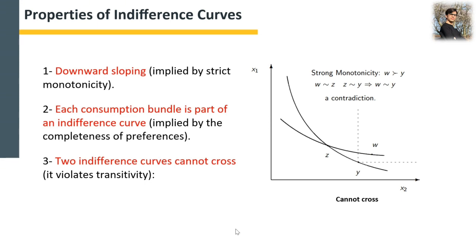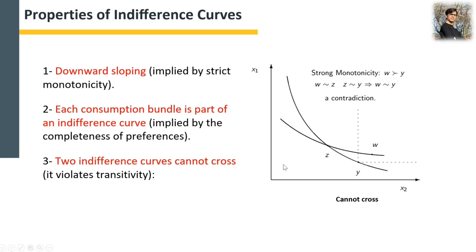All the points located on the same indifference curve are indifferent. So when we use more of one good, we need to reduce the level of the other good.